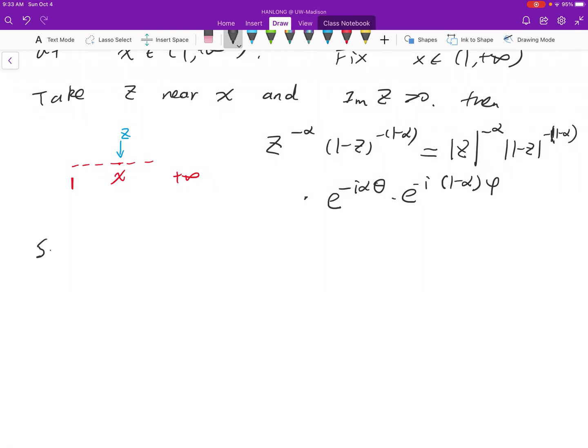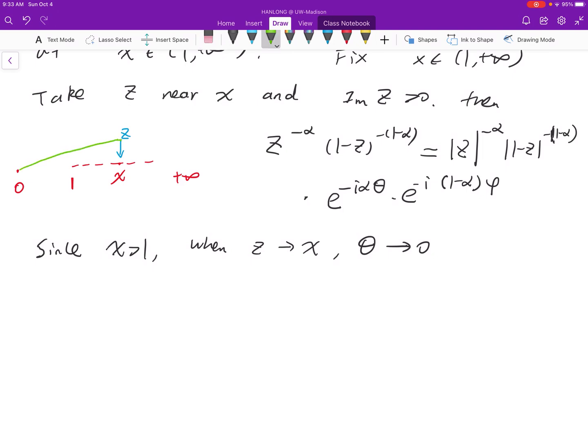Okay, since x is greater than 1, when z goes to x, we know that the angle theta goes to 0. This is because the angle theta is this one.